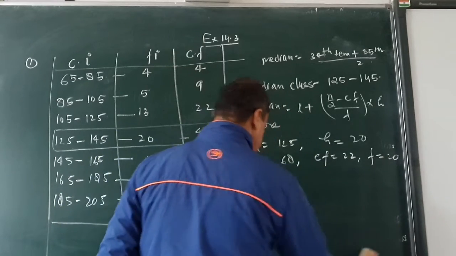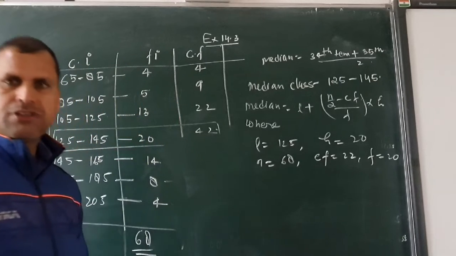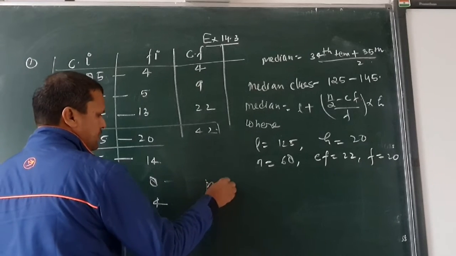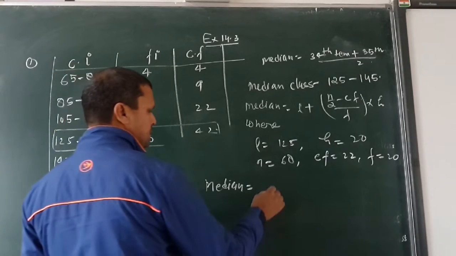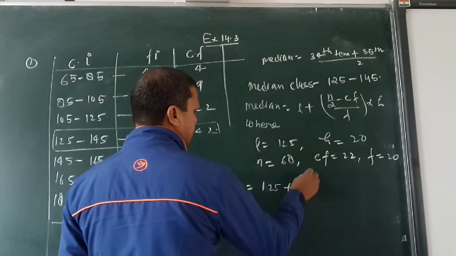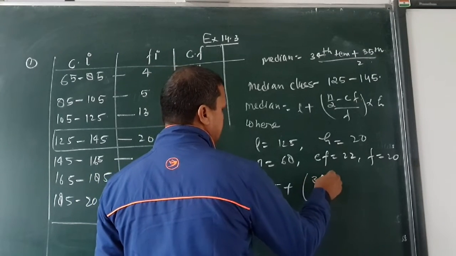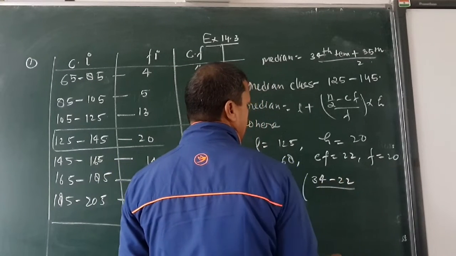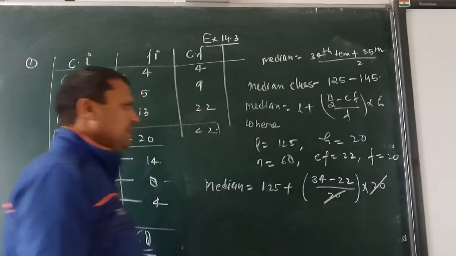Now with the help of this information you can solve the question. As you know the formula, median equals L plus, so 125 plus, in bracket n by 2, so it is 34, minus CF 22, upon f 20, into h 20, and 20 cancels out.